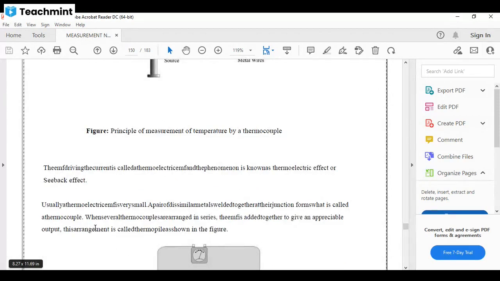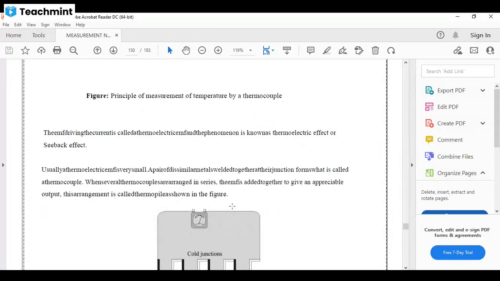Usually the thermocouple EMF is very small. A pair of two dissimilar metals joined together at a junction is called a thermocouple. When several thermocouples are arranged in series, their EMFs are added together and give a usable output.